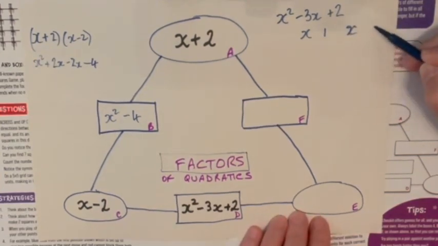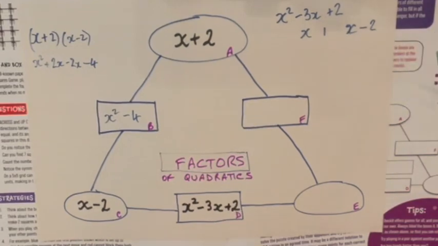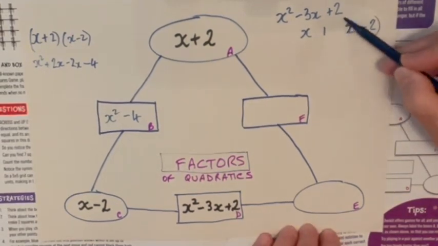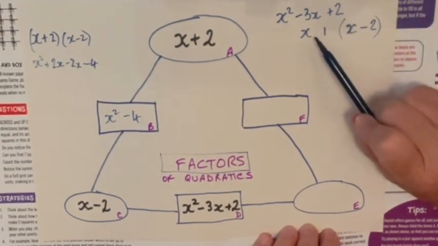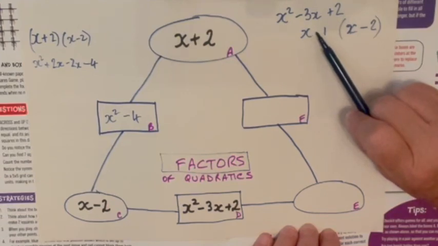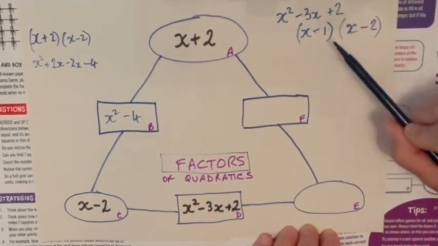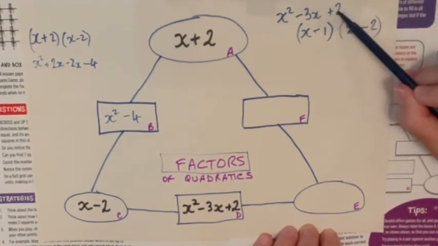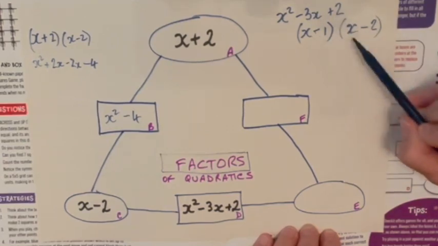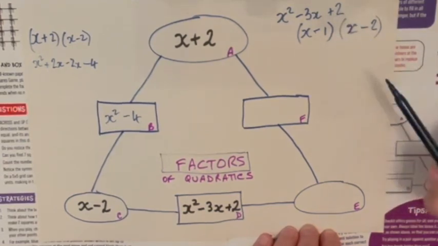That actually is super helpful. We already know it's x minus 2, so I only have to work out whether that's a plus or a minus. It's going to be a minus 1 because minus 1 times minus 1 is plus, minus 1 times minus 2 is plus 2.